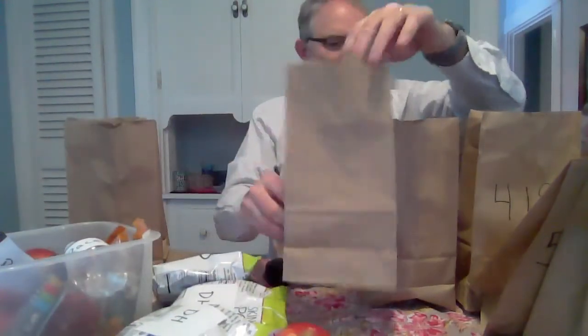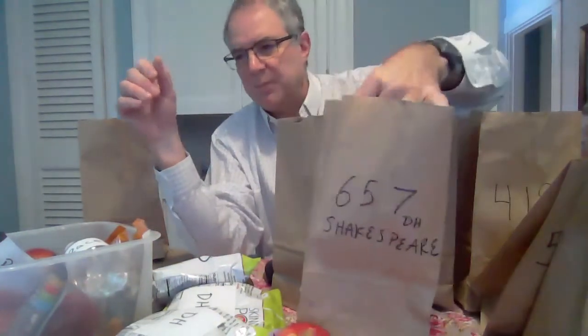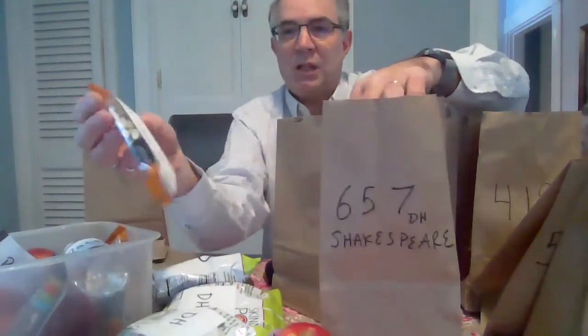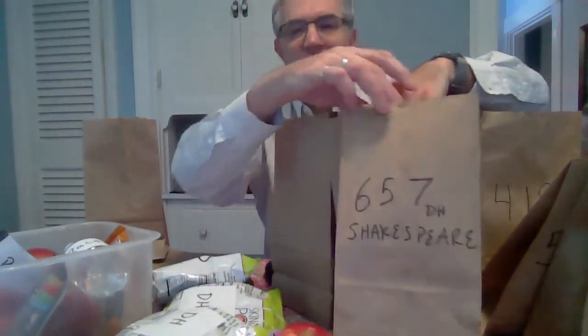So you've got to figure out how to put these all in the bags. Let's see if we can do it. Get all our stuff out. Okay. Let's start. Suppose you take Shakespeare, right? So here's 657 Shakespeare. Shakespeare is a pre-1800 literature course because Shakespeare wrote in the 1600s.